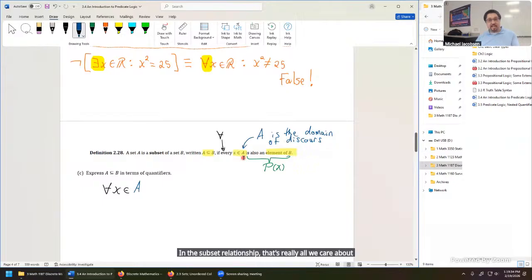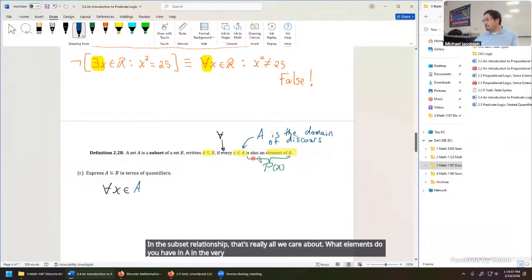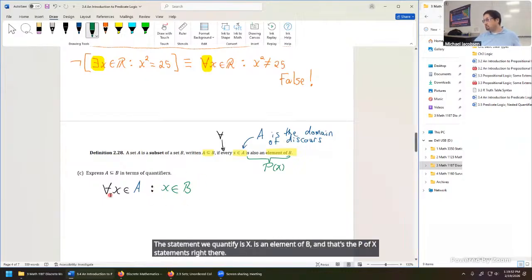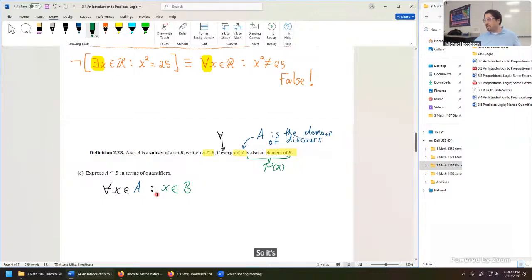What elements do you have in A in the very first place? They have to also be an element of B. So we say for all elements X in A, the statement we quantify is X is an element of B. And that's the P of X statement right there. So it's a pretty fast, compact way of saying it.